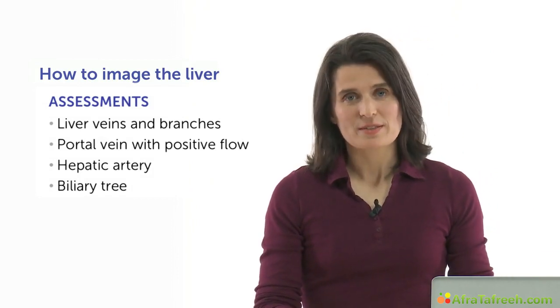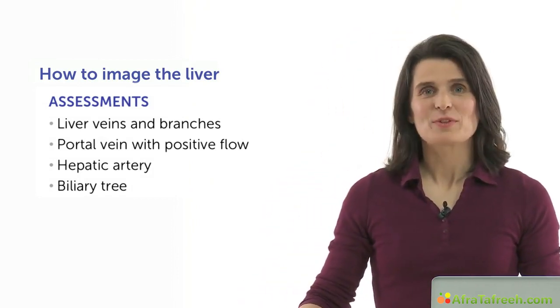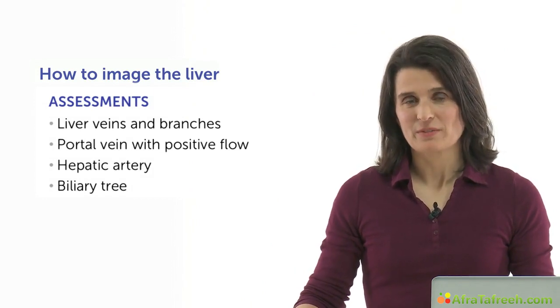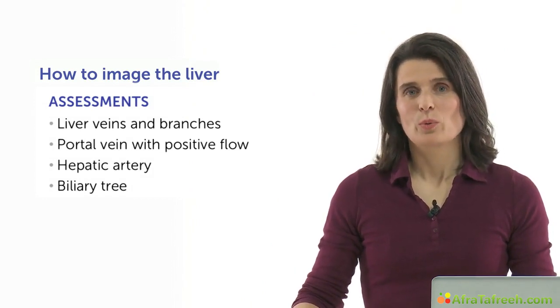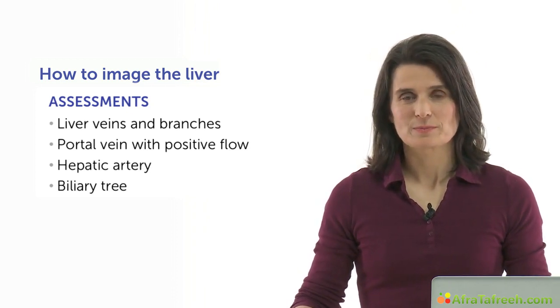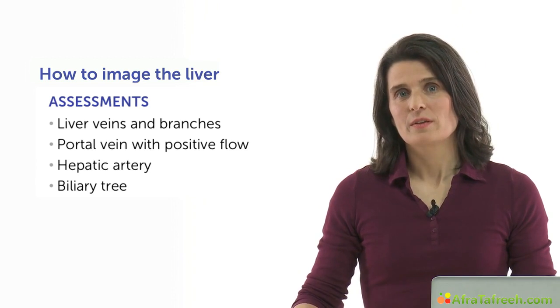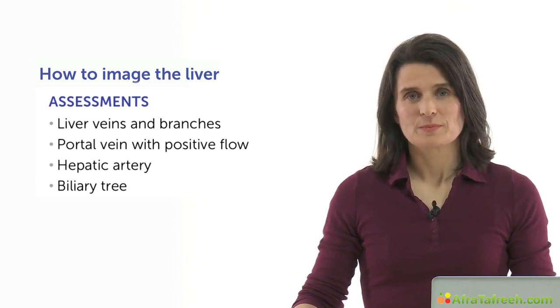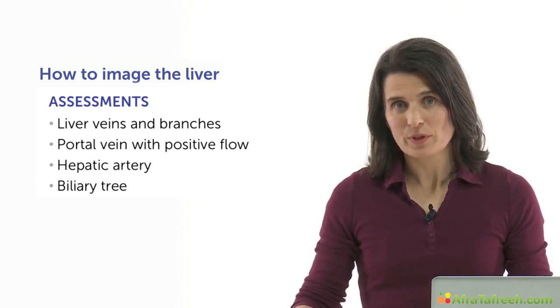We also want to assess the vessels of the liver. We got the hepatic veins and their branches, which can be widened, for example, in liver congestion. We want to see the portal vein, which should have a positive flow in it.